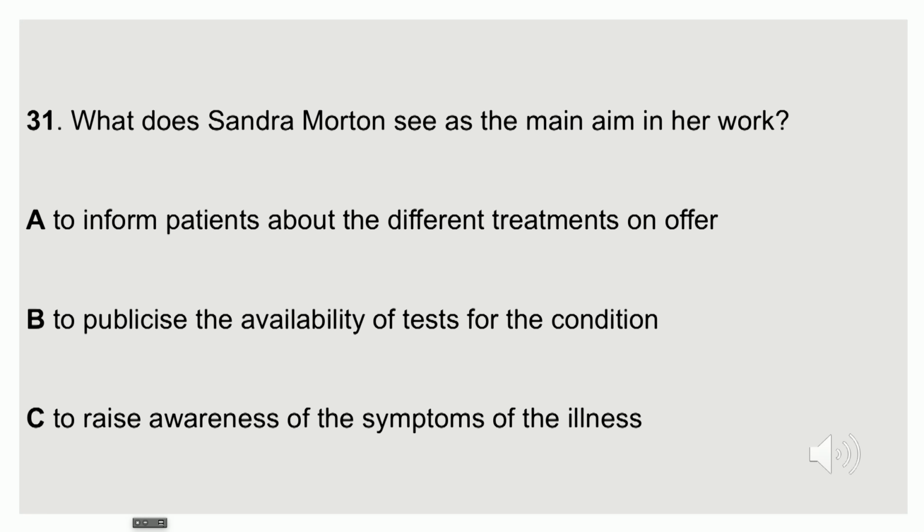So if we're going to reduce the number of cases, it's vital that people like me get the word out to as many men as possible, that we tell them how to spot the signs of prostate cancer, like an increased need to urinate or straining while urinating. Unfortunately, the cancer can be at an advanced stage by the time patients come in for tests, at which point the available treatments are far less effective.